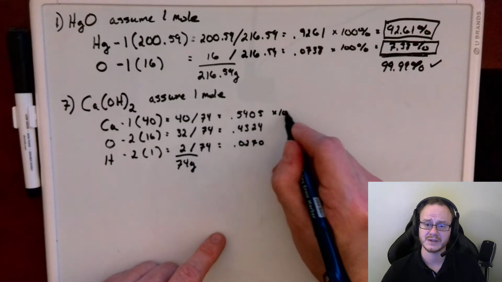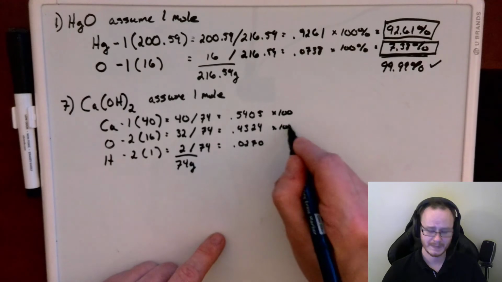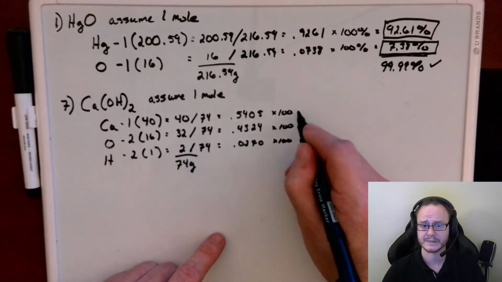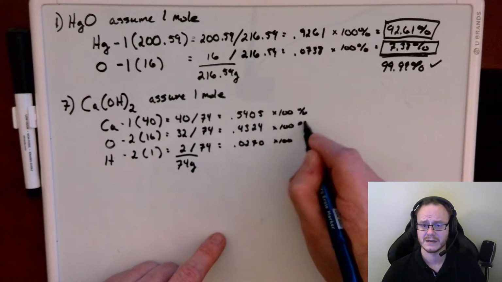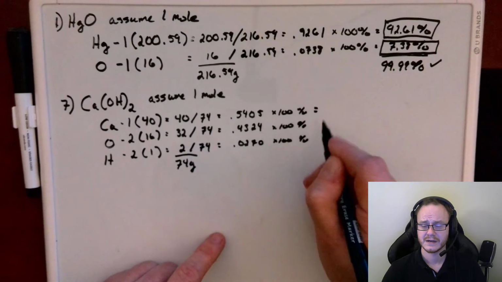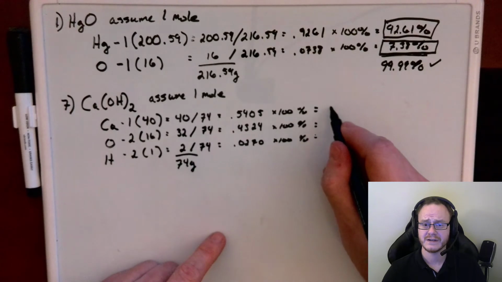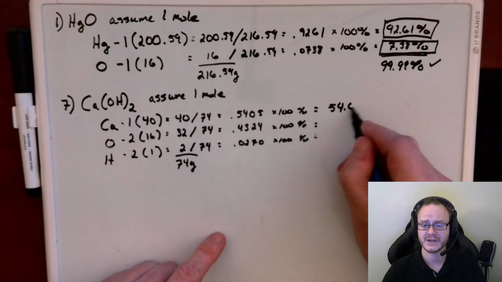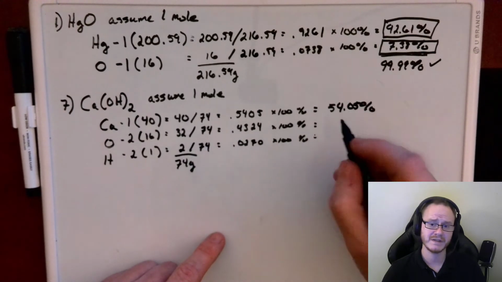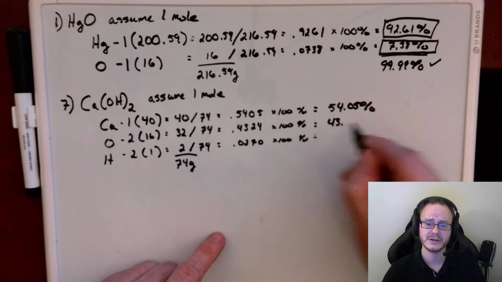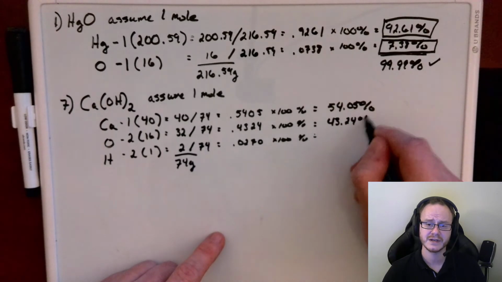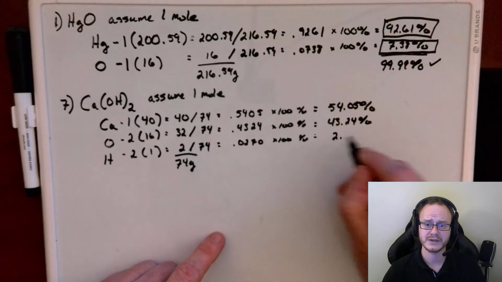It's an easy step at this point. The final percentages, calcium will be 54.05%, oxygen will be 43.24%, and hydrogen is 2.7%.